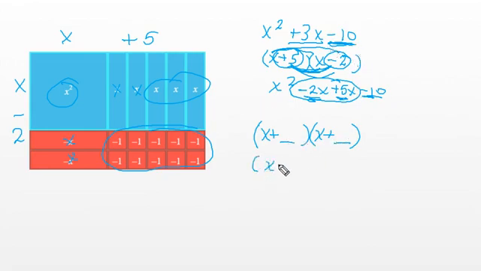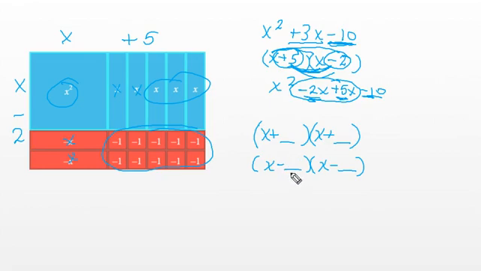If I am subtracting a number from x and subtracting a number from x, when I distribute this x here, I'm going to have negative x's, and when I distribute this number to this x, I'm going to have negative x's. So when I combine my like terms, I'm combining negatives, and when I add negatives to negatives, I get more negatives. So if both of my factors have subtraction, then this second term is going to be negative.